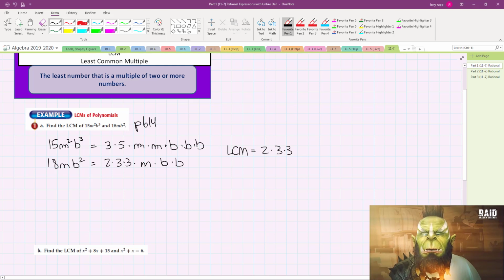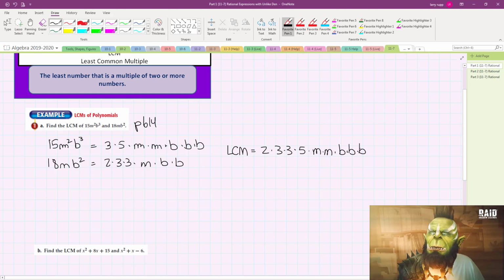The next one is a 5. We have 1 in the top, none in the bottom, so we have at least 1. Now m: there's 1 in the bottom, 2 in the top, so we have 2 of the m. And finally the b's: we have 2 on the bottom, 3 on the top, so we have 3 b's.